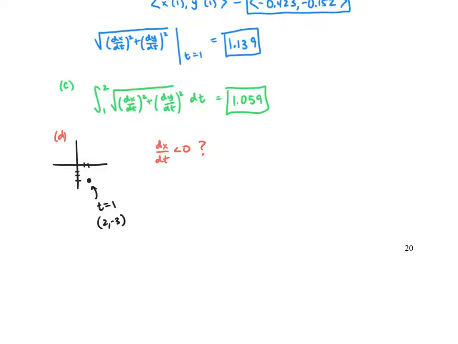dx/dt is tangent of e to the negative t. And if you think about values of t greater than or equal to 0, the e to the negative t is going to be less than or equal to 1. Because remember, if you were to just sketch a graph of this, it would look like that.